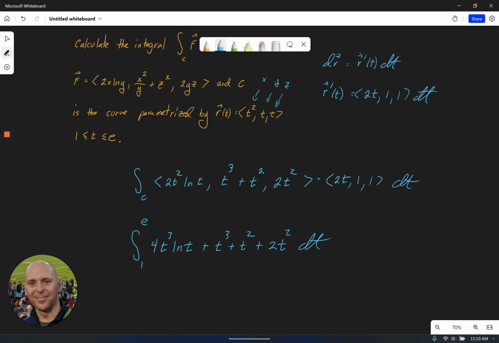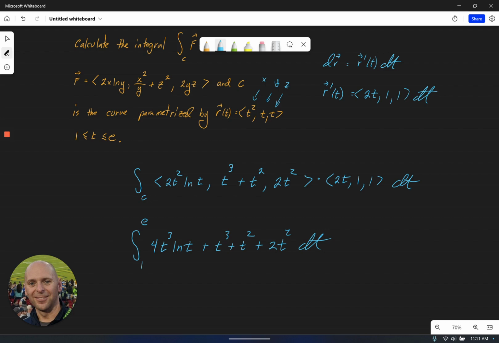So aside from this piece involving the natural log, the rest of this integrates pretty easily. We could do that through a variety of methods, probably just at this point plugging it in after simplification to some sort of computer algebra system, and we would get a solution from it. So directly computing this one, not all that bad.